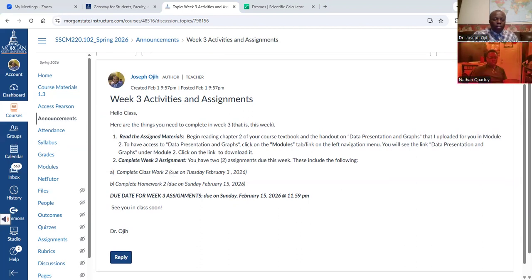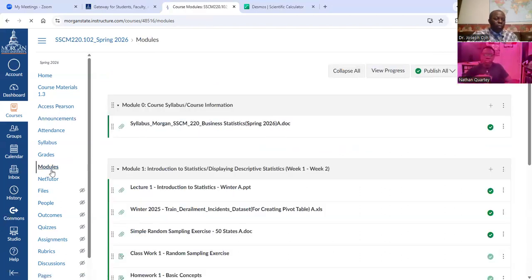And the assignment we have is two and only two, classwork 2, and then homework 2. You can access the homework through Access Pearson. I explained last week how you can put your access code to gain access to those homework assignments. I recommend going through models.